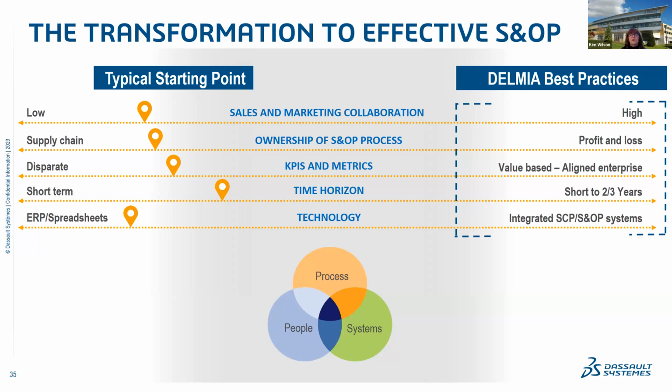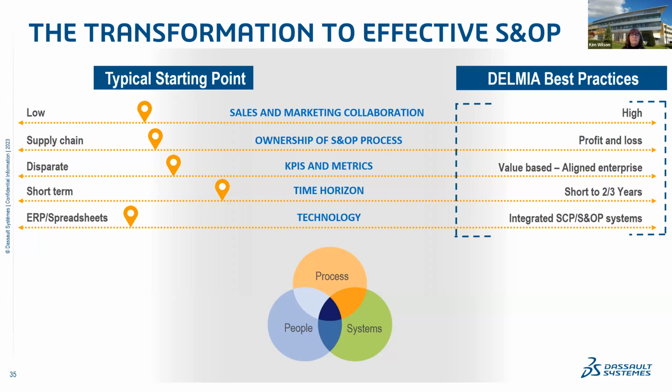Initially, there's very low collaboration going on, on the left side of the screen, and you want to get to the best practices, which is on the right. You want to have everybody collaborating. It's key to figure out who is actually owning the supply chain from an operational level. You want to balance the business metrics and the goals around profit and loss.